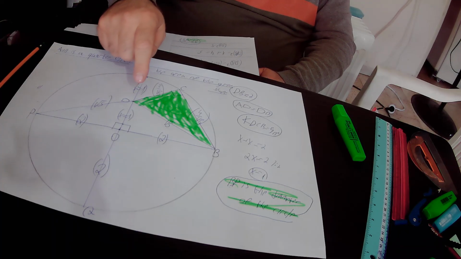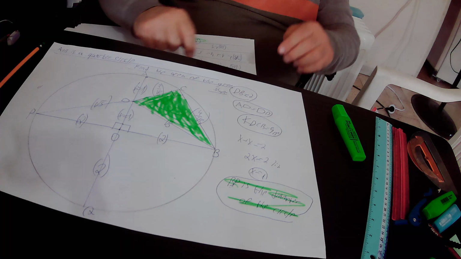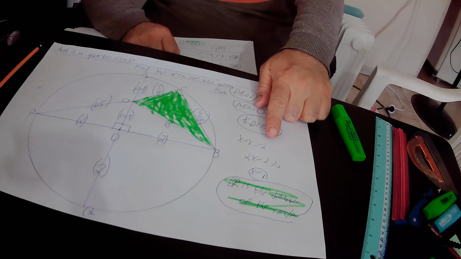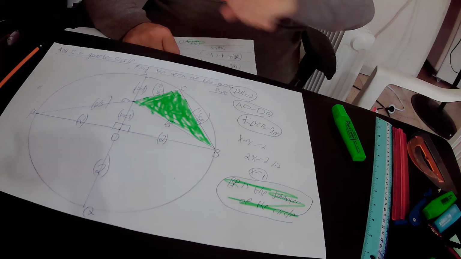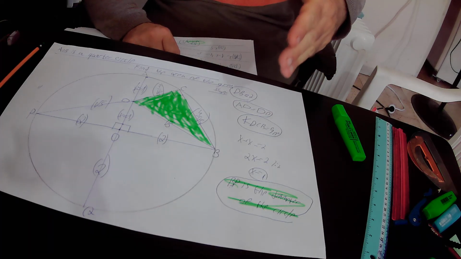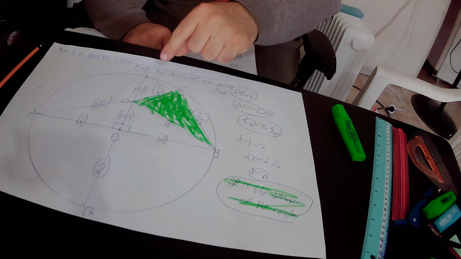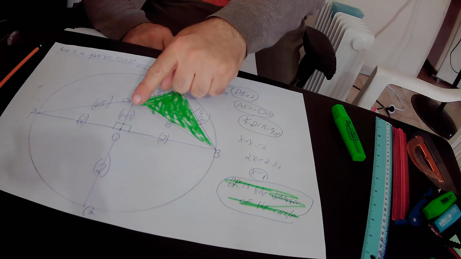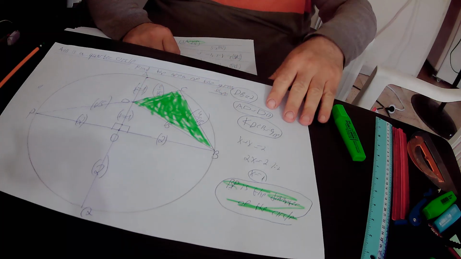So x plus x equals 2, and x plus x is 2x, so 2x equals 2. Here we divide this equation by 2 and find that x equals 2 over 2, that is 1. So AD equals x, which is 1, and DO also equals x, which is 1.